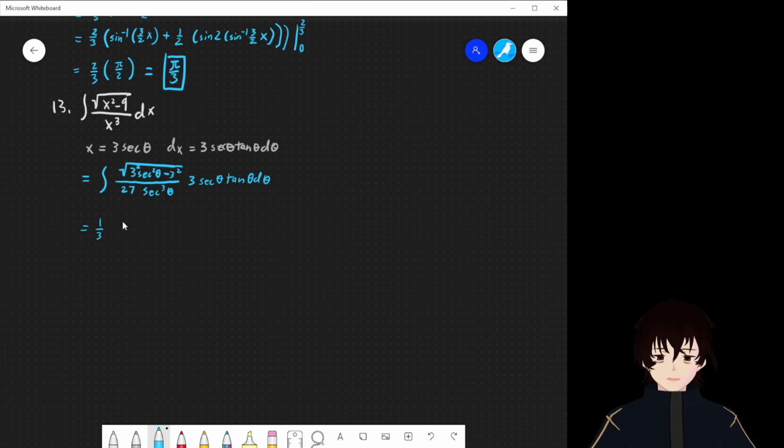Equals 1 over 3. And we have, let's just skip a step and write tangent theta over secant squared theta. This takes one out. This tangent goes in, so we have tangent theta over tangent squared theta over secant squared theta. Now is that right?